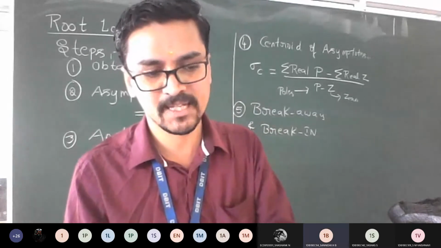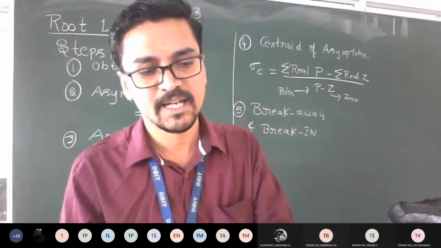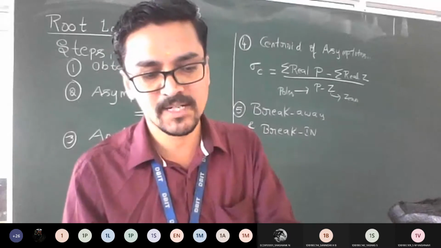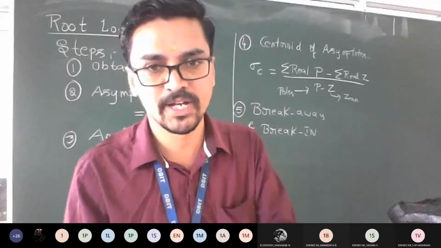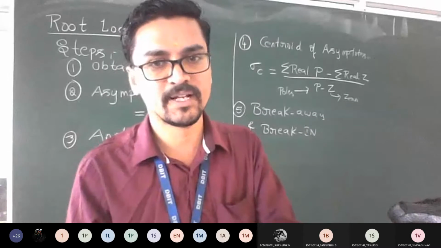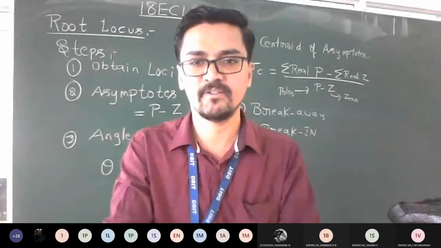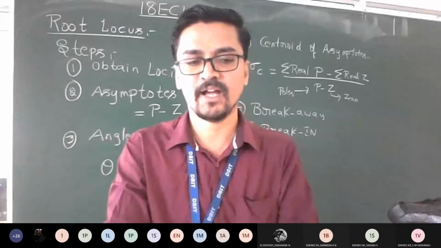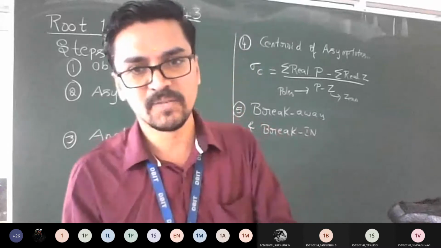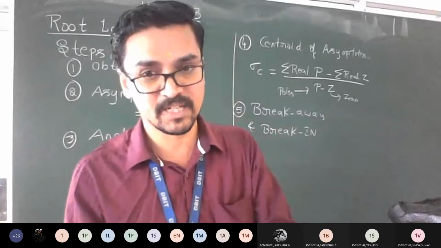In that you can make one sentence: if breakaway points are complex conjugate, because you may get the roots in terms of imaginary values also. It is not applicable to all problems.